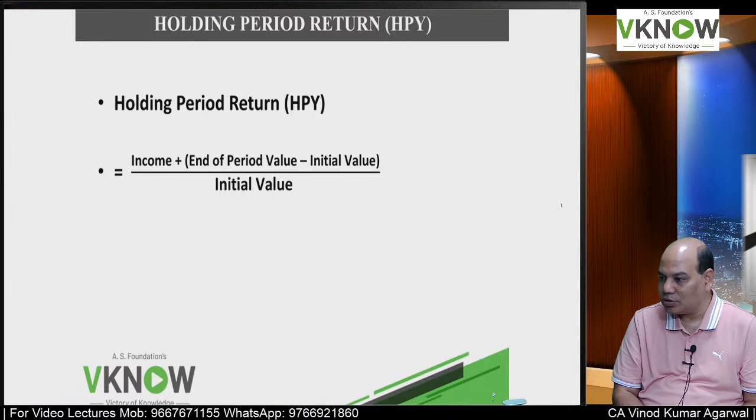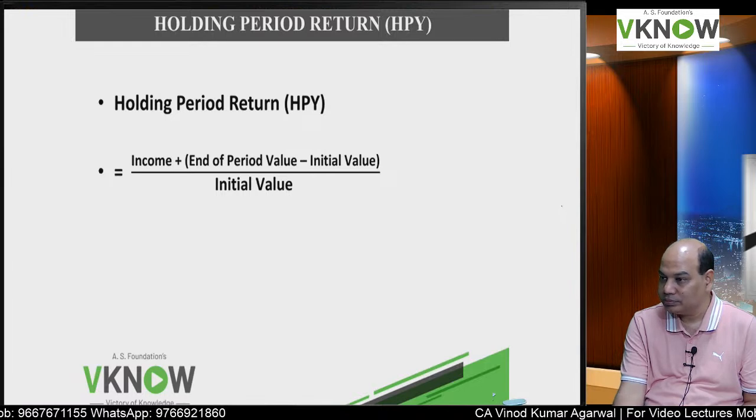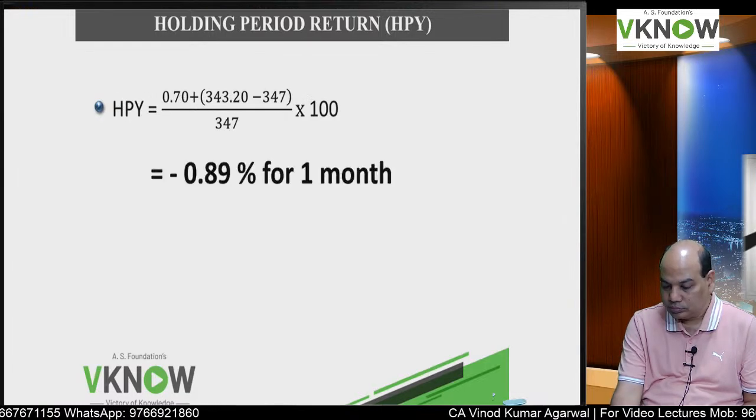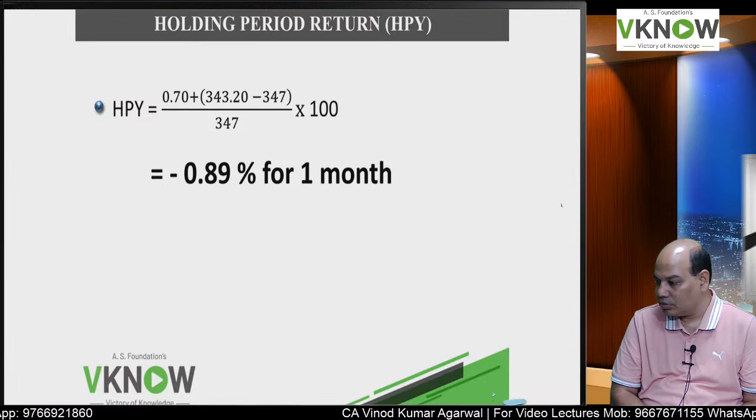Purposefully I have given this question because there can be a negative answer also. Holding period yield can be negative also. So the answer is minus 0.89. Very good. Minus 0.89 for 1 month. So the return is minus 0.89 percentage for 1 month.